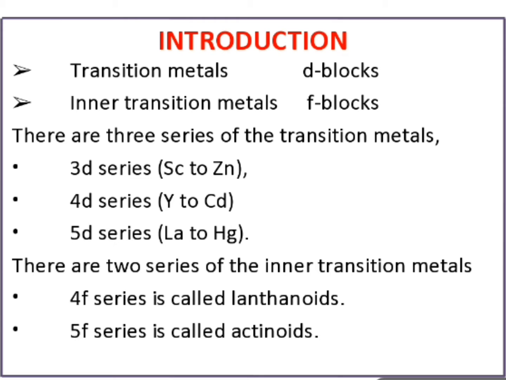At the bottom of the periodic table there are two different rows: first is lanthanoid, second is actinoid. Lanthanoids start from cerium to lutetium, and the 5F series from thorium to lawrencium. We will talk about these series in detail.